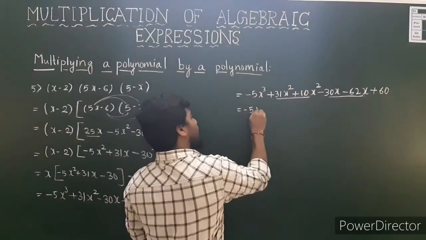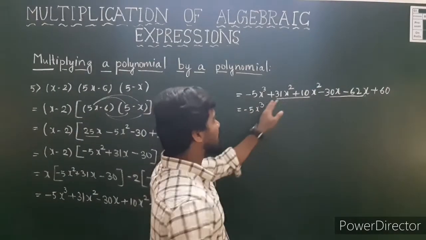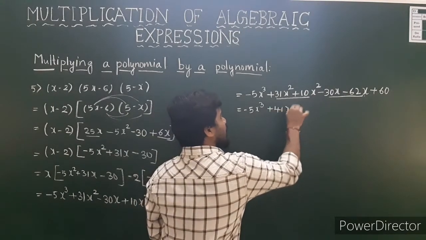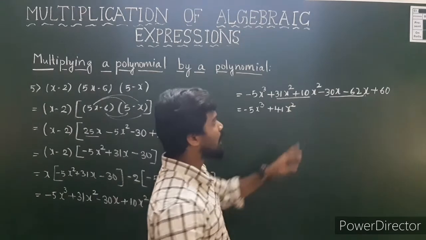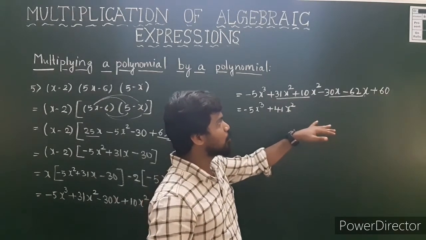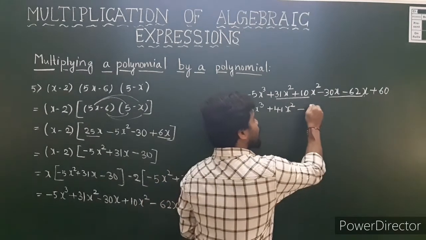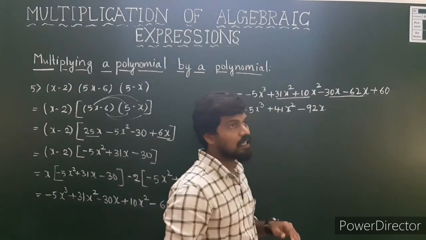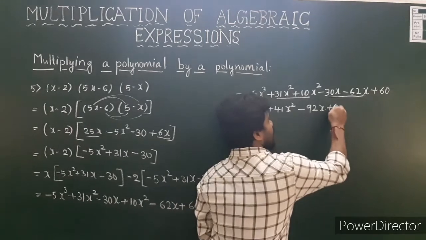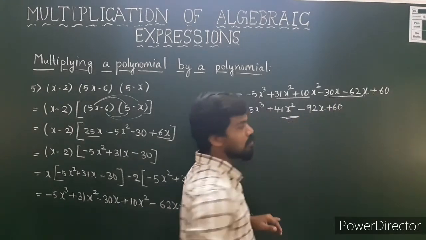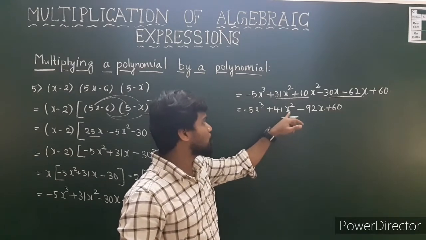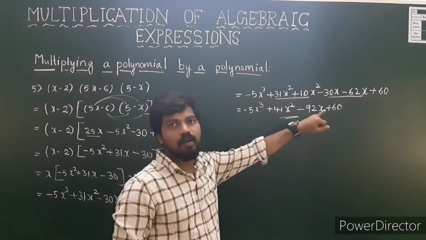So minus 5x cube, plus 31 plus 10 you get plus 41x square, and minus 30 minus 62 you get minus 92x, plus 60. So this is the final answer: minus 5x to the power 3 plus 41x to the power 2 minus 92x plus 60.